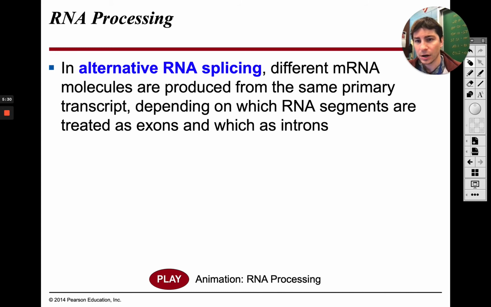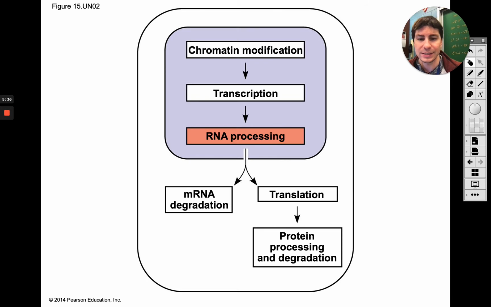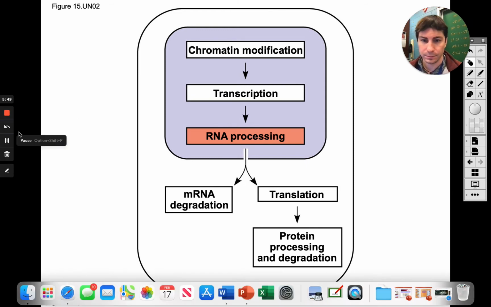And this alternative RNA splicing is where we are going to get rid of our introns and keep our exons in the picture. We could go two different ways with this. While we're processing our RNA, we can either splice out our introns and have our exons in there and go to translation, or if there's a problem in it, let's degrade our mRNA.